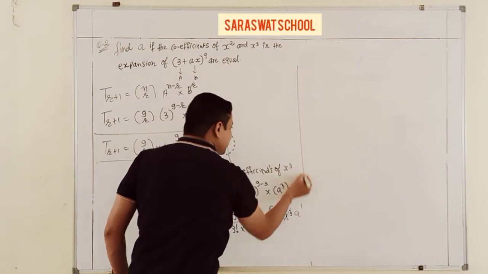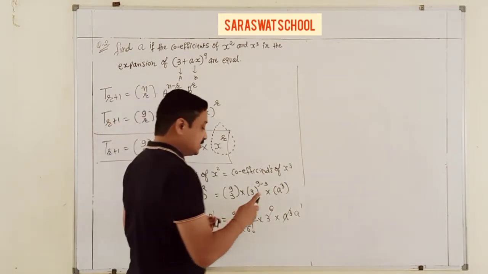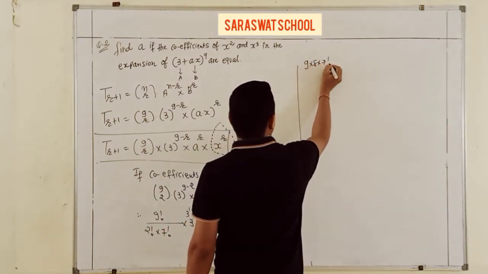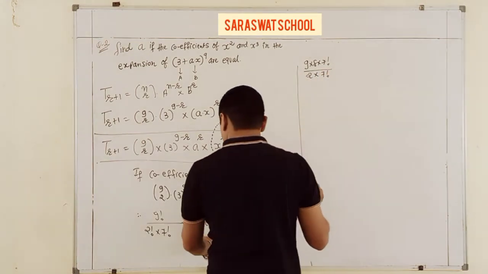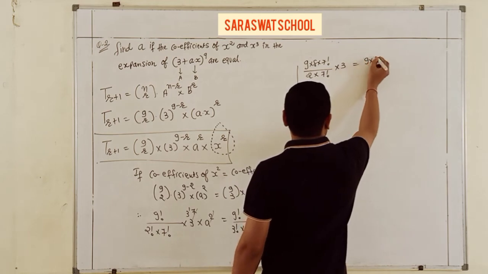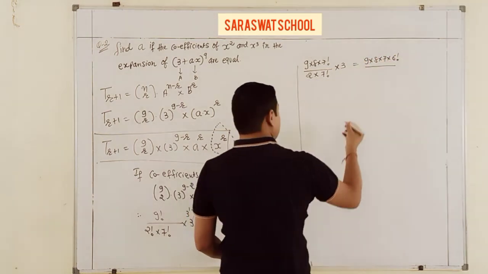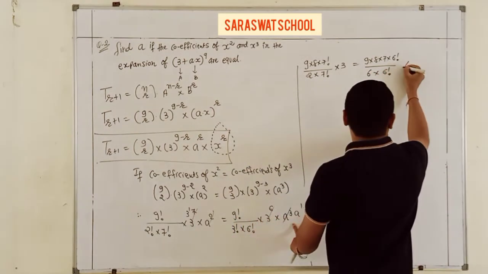Converting to lowest terms: 9, 8, 7 factorial over 2, 7 factorial, and here 9, 8, 7, 6 factorial over 3 factorial, which is 6, and 6 factorial, same.